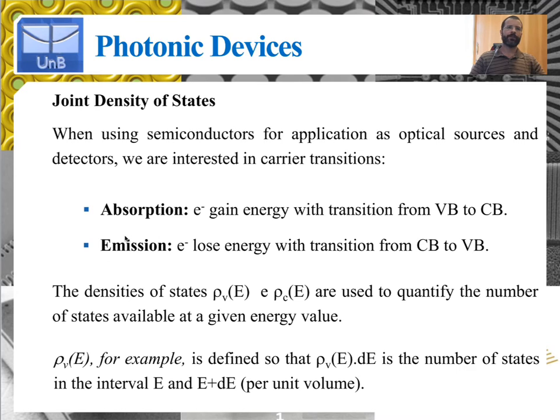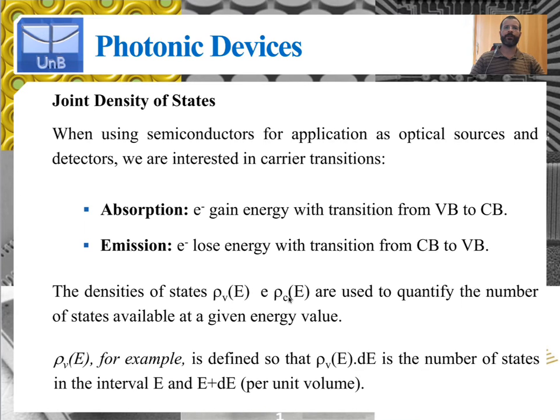On emission, on the other hand, the electron will lose energy and transit down from the conduction band into the valence band, and in this process it will release a photon with the energy that the electron has lost.